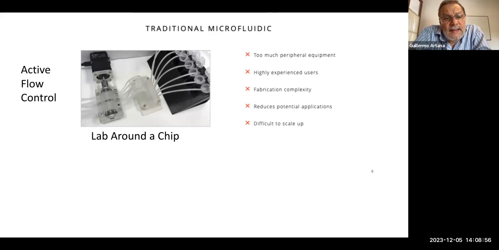Initially, microfluidics appeared as a system that was named lab on a chip, but some people started to call it lab around the chip because there was a large amount of peripheral equipment that required highly experienced users. At the same time, you have a lot of complexity, and these kinds of devices are interesting to undertake research, but they are quite difficult to scale up.